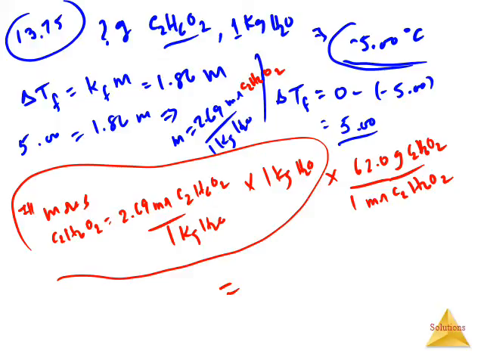So it's going to be 166.78, and you can round it off to 167 gram of C2H6O2. So this much C2H6O2 needs to be added to 1 kilogram of water to get a final freezing point of the solution of minus 5 degrees centigrade.